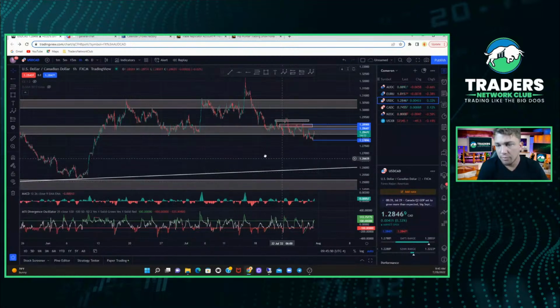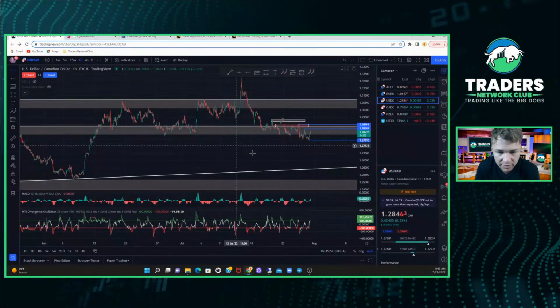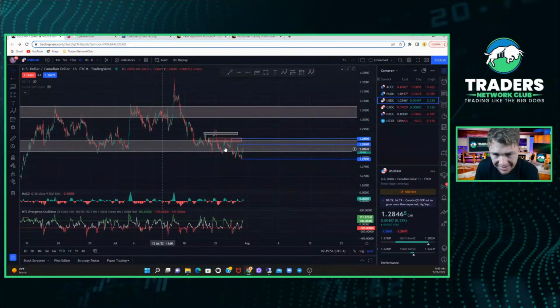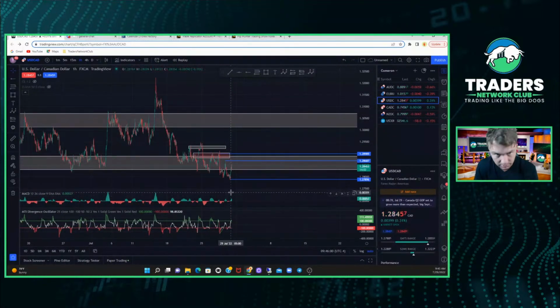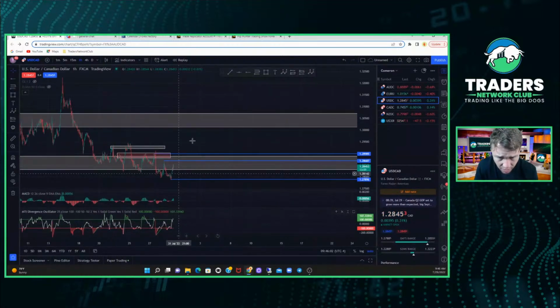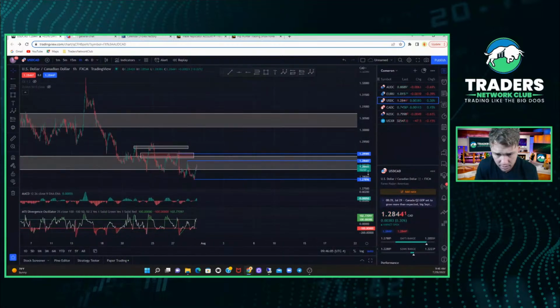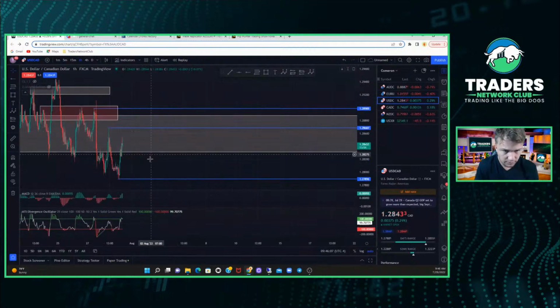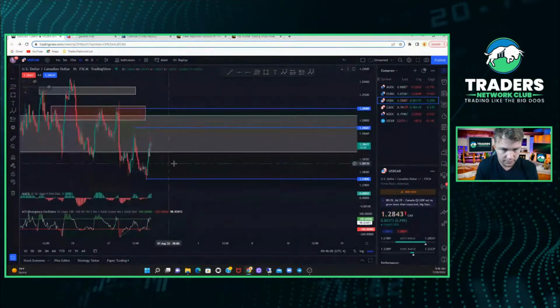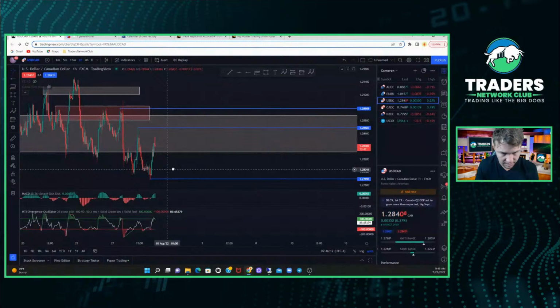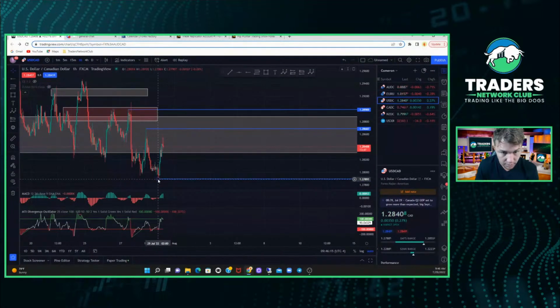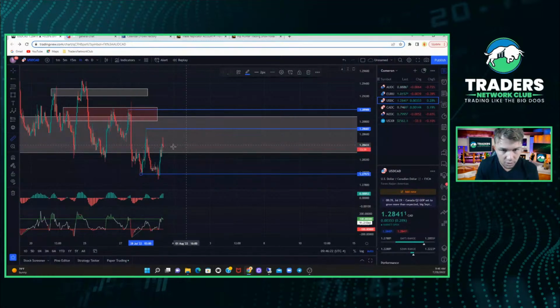Looks like we're long-term bullish right now with this trend line that I have here. We are in this demand zone, and we are in an overbought position on the higher time frame. So look at that. Price could come back down to test the support right here on this previous low.